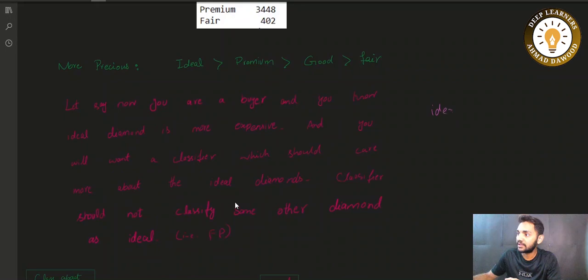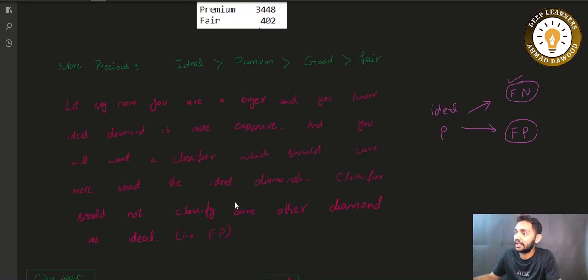Let's say if ideal is a positive class, then two types of errors can happen. In one, your model will predict not ideal but actually it is ideal. That means your model is predicting ideal as not ideal. We have seen that the seller was more curious about that error. The second error can be false positive. Your model is predicting that this diamond is ideal, but actually it was not.